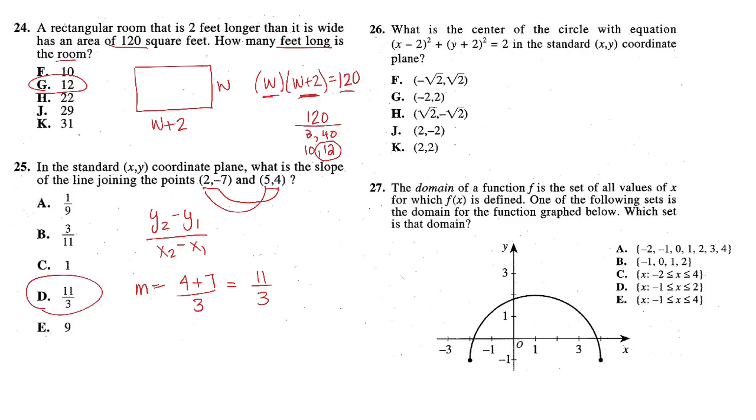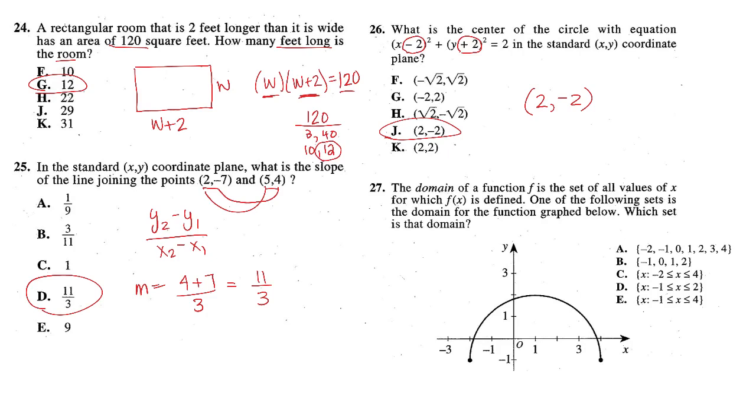So that's answer choice D. Number 26, we are asked for the center of the circle. And this is already in standard form for us. So we have to flip signs, but our center is sitting right there. So our center is going to be positive 2, comma, negative 2. So that's answer choice J.